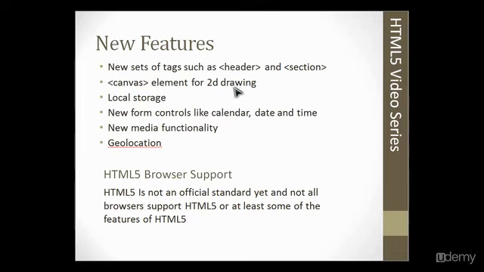We'd use some JavaScript. Next we have local storage, which is great. It's an alternative to using cookies to store small amounts of data on a user's browser. We'll be getting into that in the next chapter. So local storage is very cool. We have new form controls.